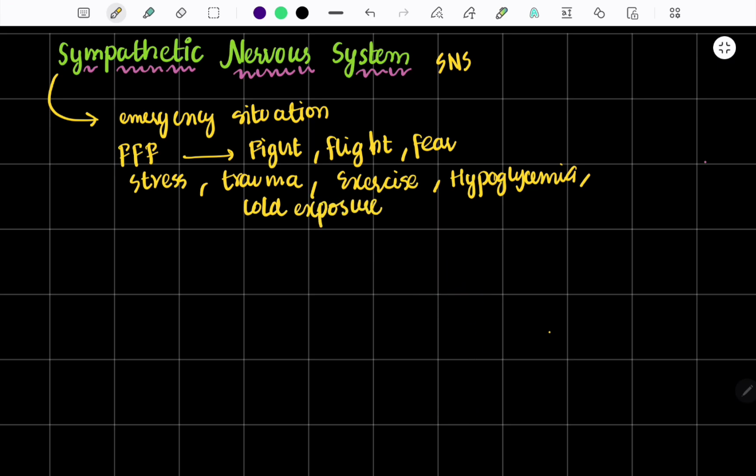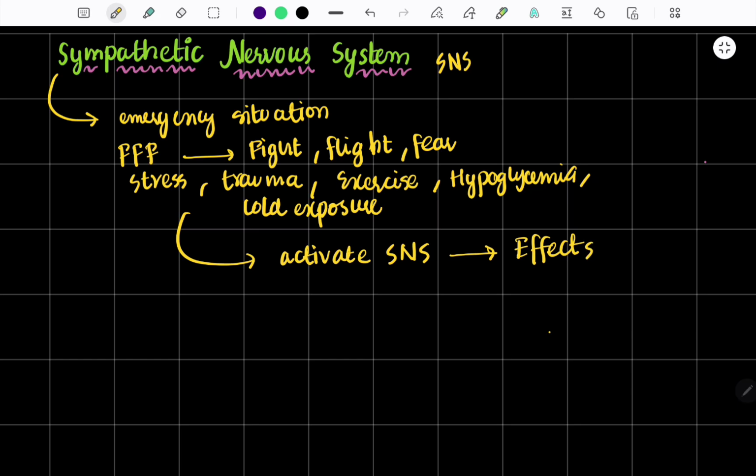These are all the situations in which the sympathetic nervous system is stimulated, right? So they activate the sympathetic system, and the sympathetic system produces the effect or regulates different functions within the body.